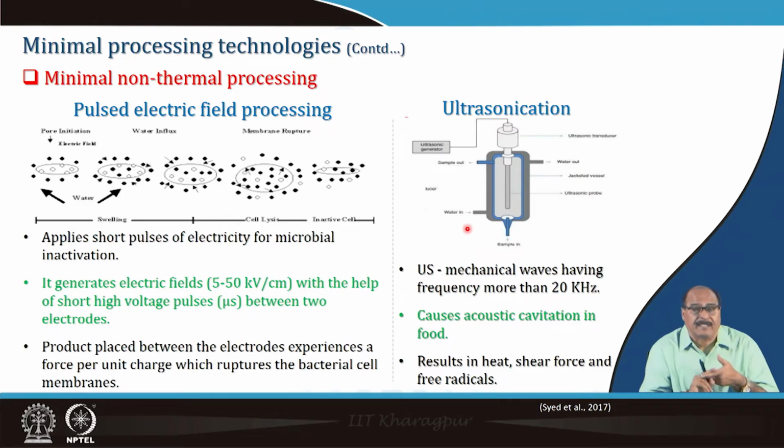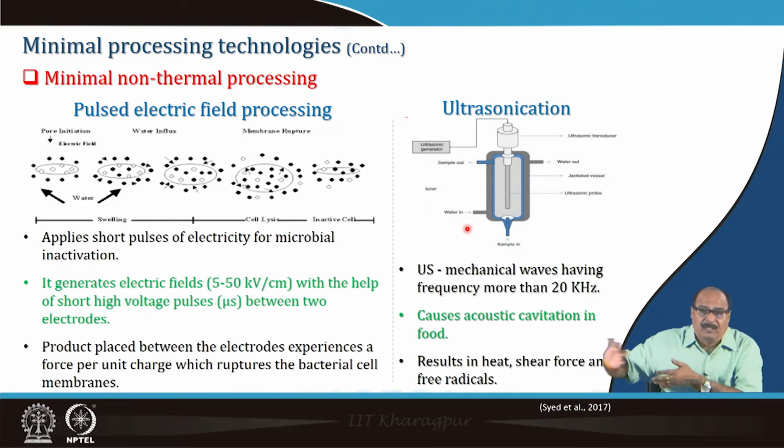One very interesting application of pulsed electric field is in getting fruit and vegetable juices with enhanced nutritional value. If you give this PEF treatment for a short time, of course optimized properly, the cell wall of the fruits and vegetables gets ruptured, and then juice recovery is better, even with minimum application of pressure.